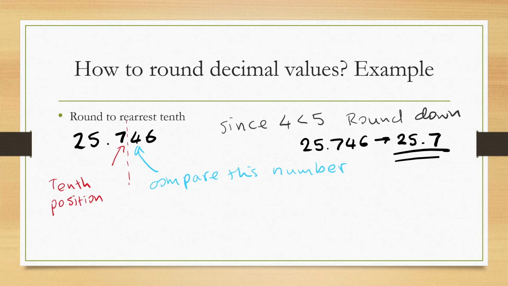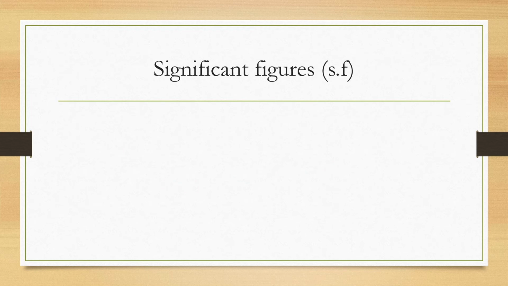So 7 is in the tenth position, which means we have to compare the number 4, which is next to the 7. Since 4 is less than 5, round down. This means 25.746 to the nearest tenth is 25.7.